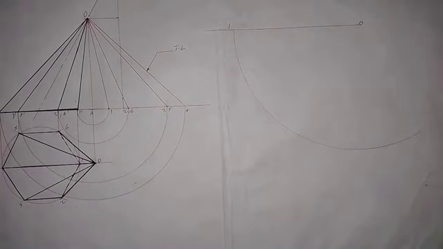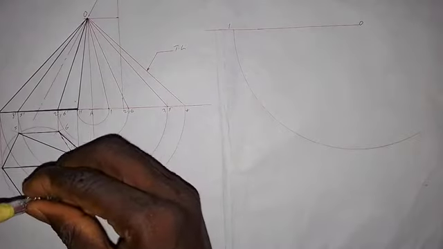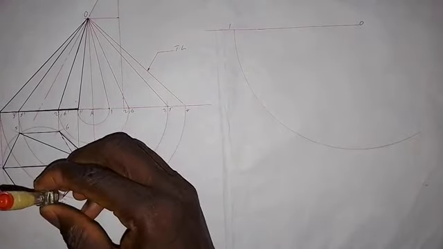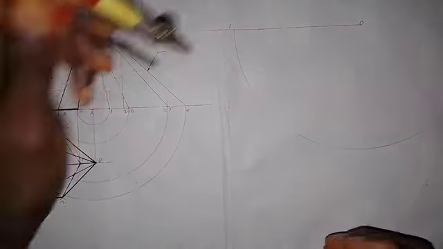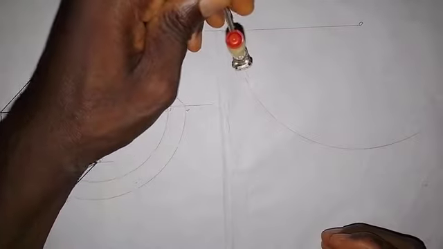But before that, what we need to do is that we take distance O2 as 1 and 2 on the base, or you take 2 and 3. So the length is the same. So just take this distance like this, and then you make 6 arcs on this arc here.